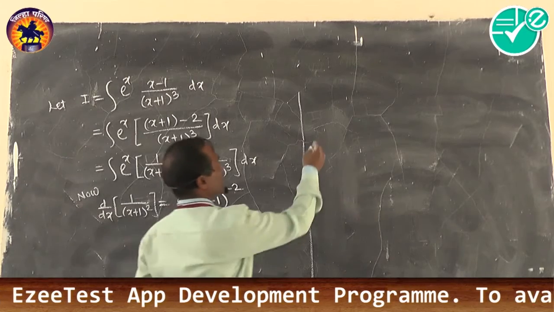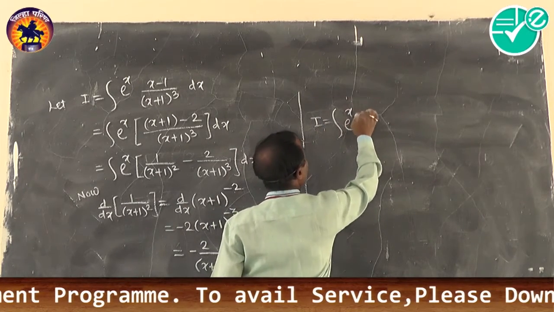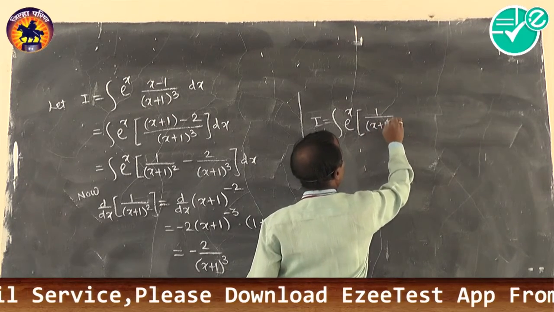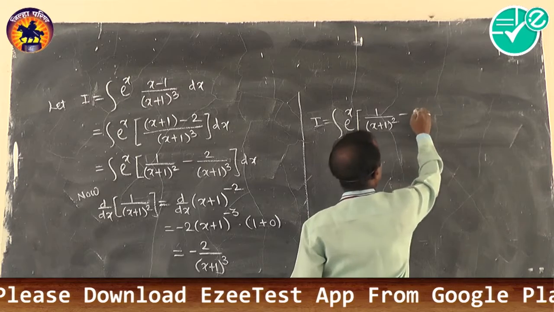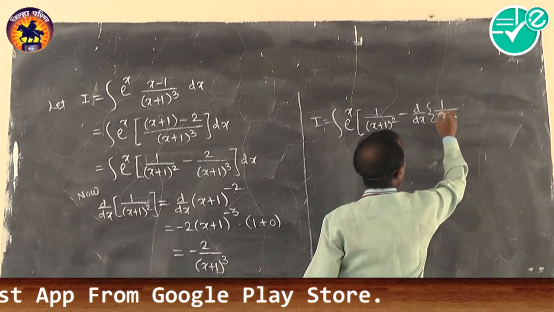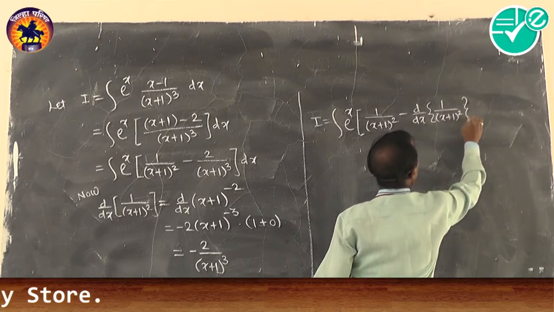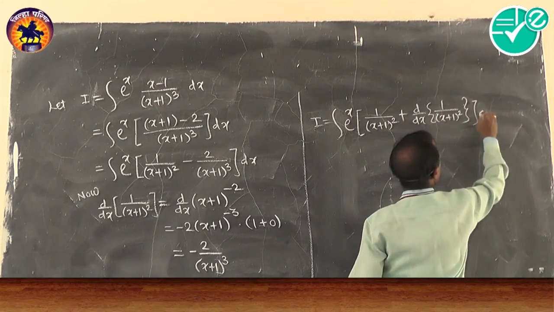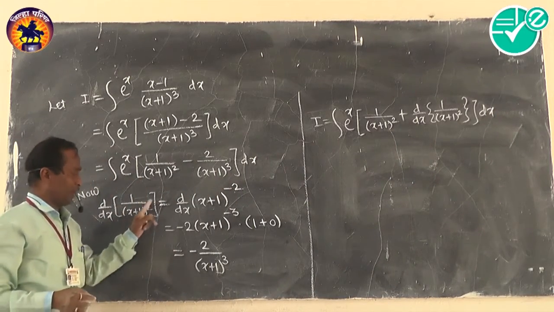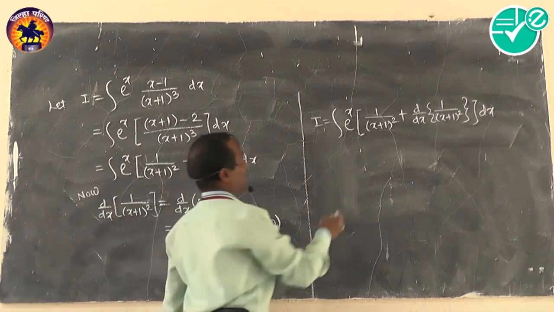So we get minus 2 upon (x plus 1) whole cube. Therefore, this function can be written as integral of e to the power x into 1 upon (x plus 1) whole square minus d by dx of 1 upon (x plus 1) whole square into dx, where d by dx of 1 upon (x plus 1) whole square is minus 2 upon (x plus 1) whole cube.